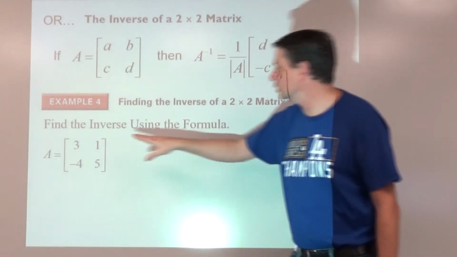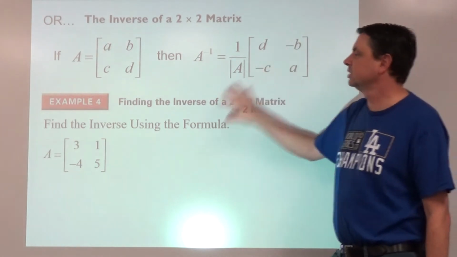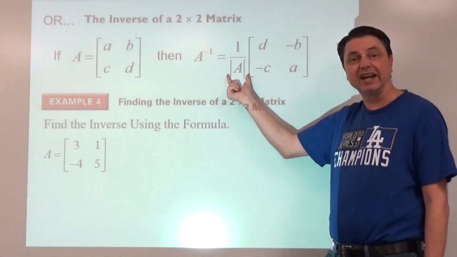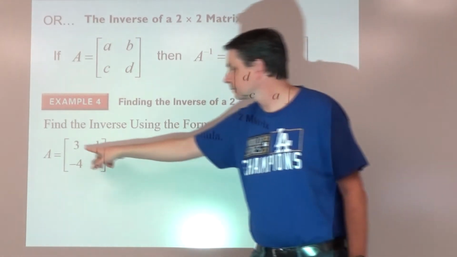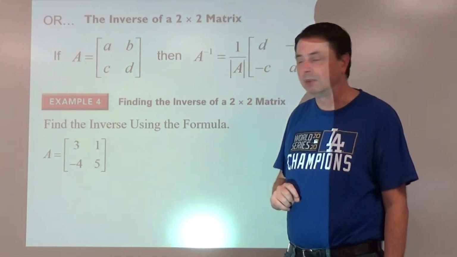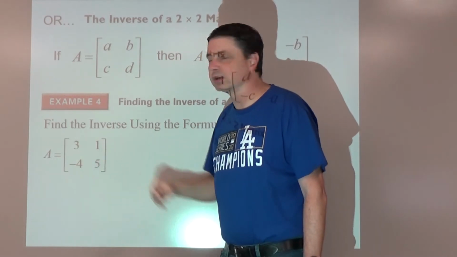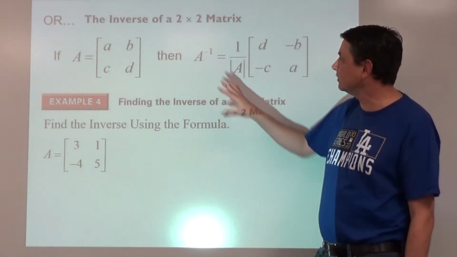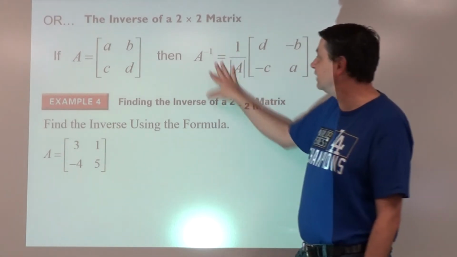So now let's use the formula to find the inverse of A. We're going to begin with finding its determinant. 3 times 5 minus negative 4 times 1. We're going to get 19. So our inverse, and it's okay to leave it in this form.